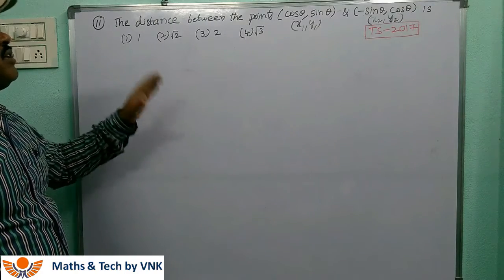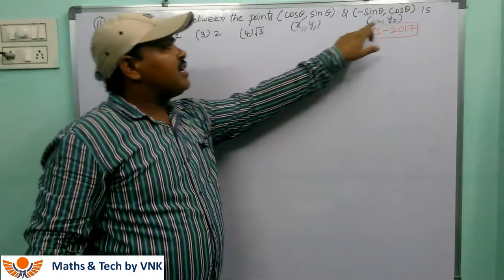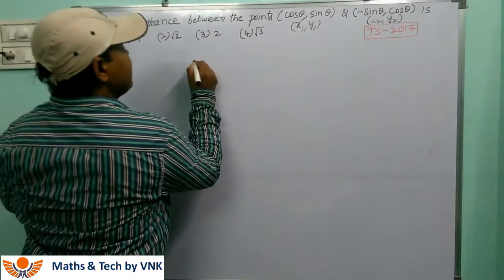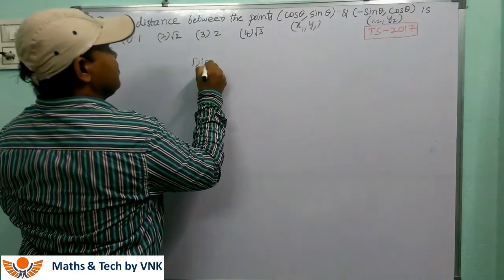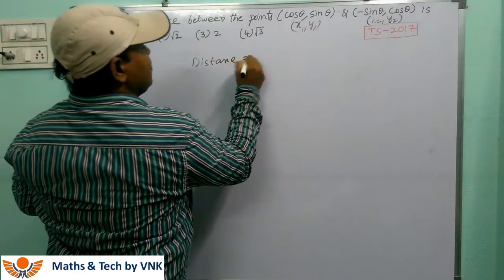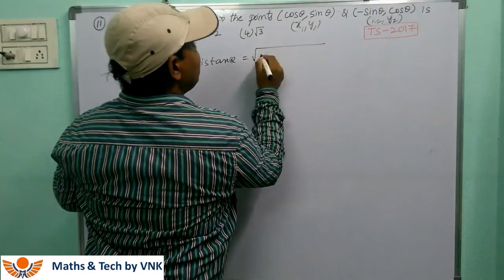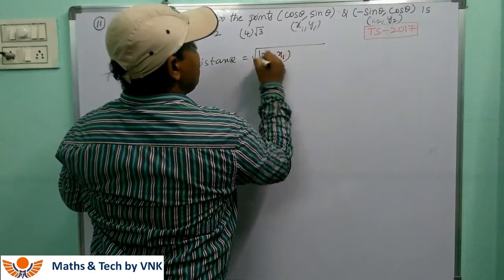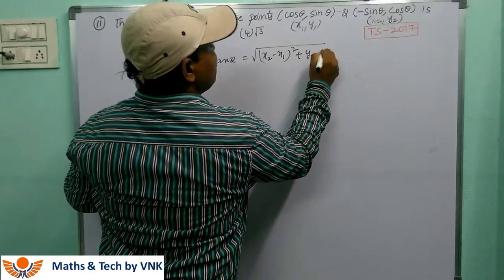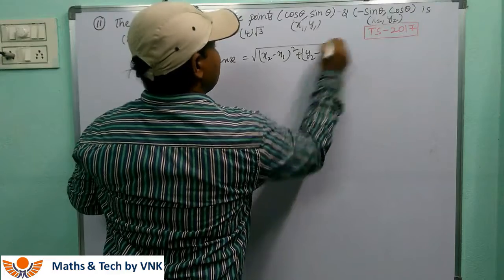Now the distance between the 2 points (x1, y1) and (x2, y2) is equal to square root of (x2 minus x1) whole square plus (y2 minus y1) whole square.